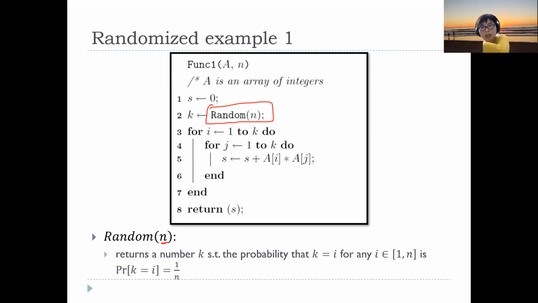The probability that you pick each of these numbers is uniform, which means the probability that you pick the ith number from 1 to n is 1 over n. It's the same. So you return a random number from 1 to n.